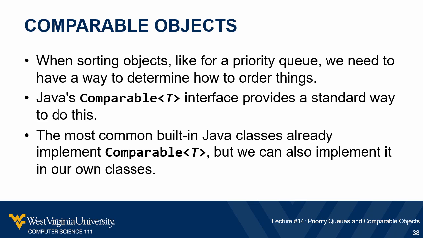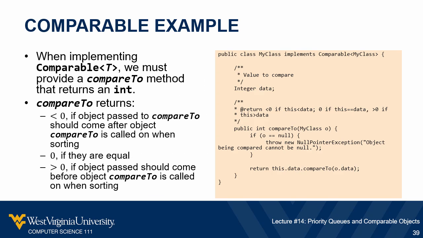What we want to do is actually implement that in our own classes. To implement the comparable interface on our own classes, we're going to have to provide a compare to method that returns a primitive int. The return values from compare to have been defined to indicate how the object that we're calling the compare to method on and the object that we're passing as an argument should be sorted relative to one another.